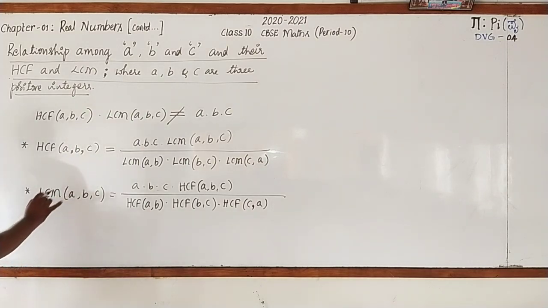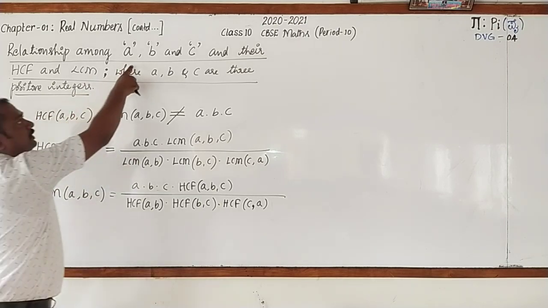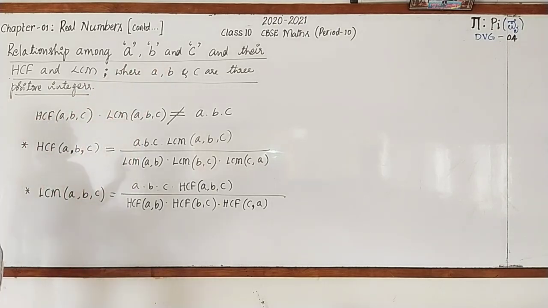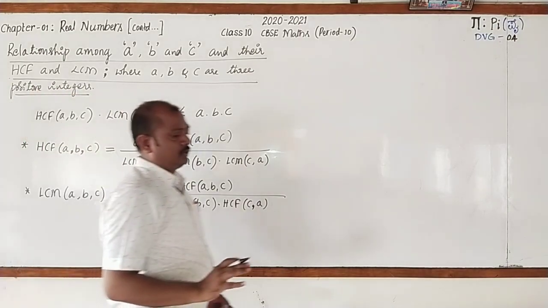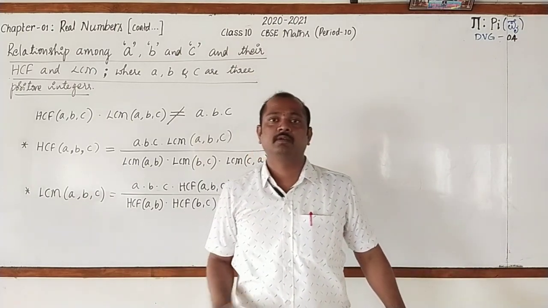So these are the two important statements which give the relationship among the three numbers A, B and C and their HCF and LCM. Got it? So with this, the chapter has been completed.